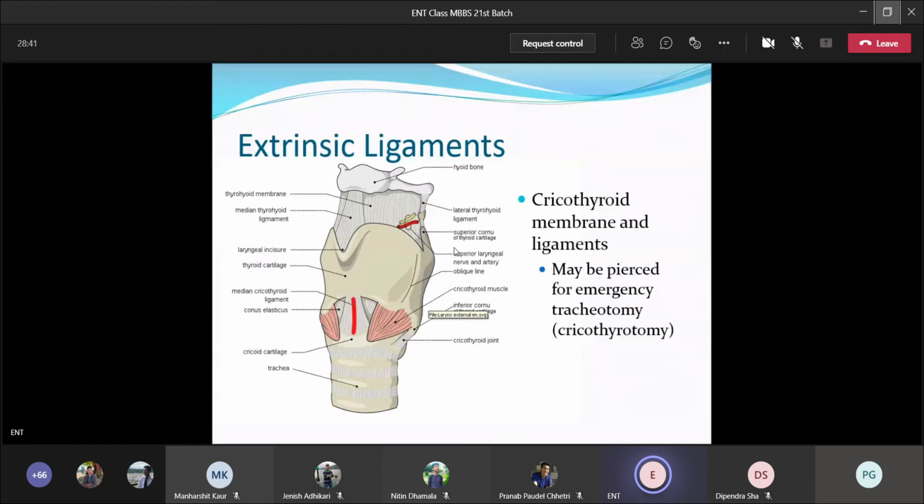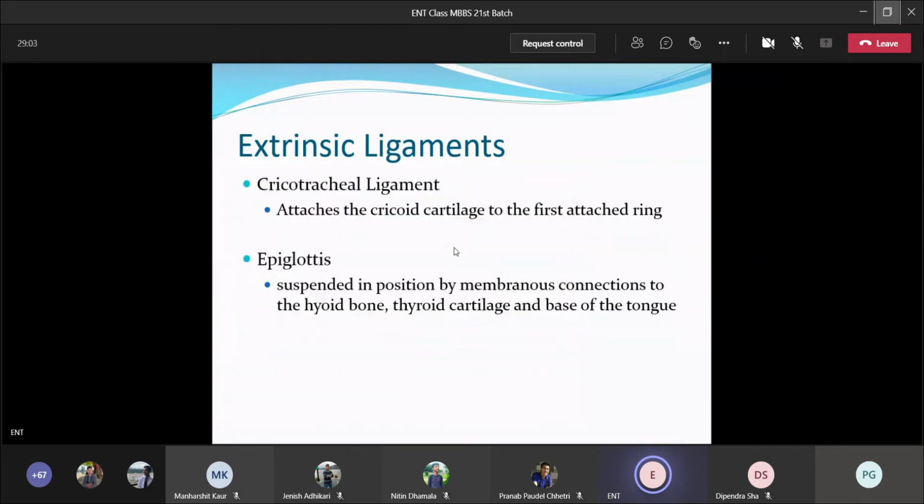The cricothyroid membrane and ligament may be pierced for emergency tracheostomy, which is called cricothyrotomy. Cricothyrotomy is an emergency tracheostomy. Tracheostomy is an alternative pathway for respiration.